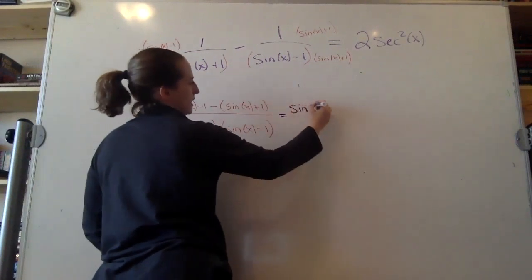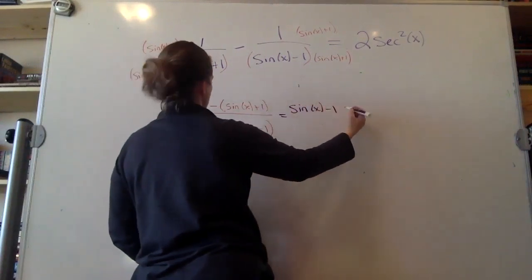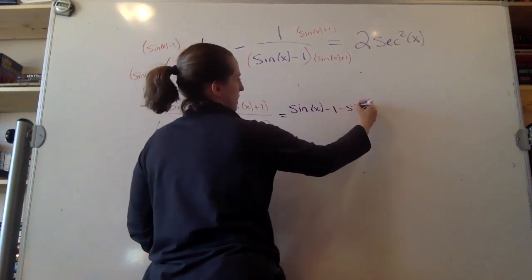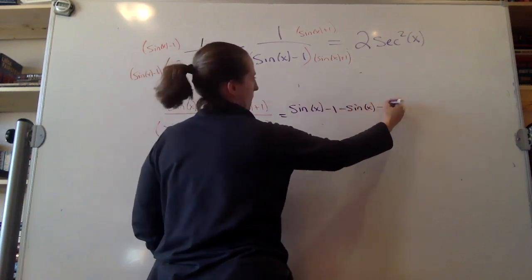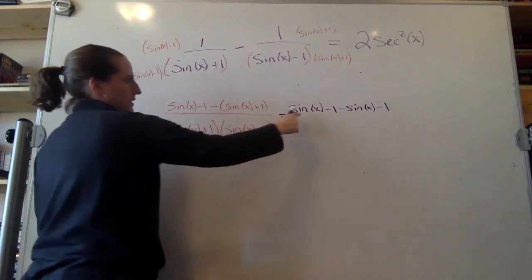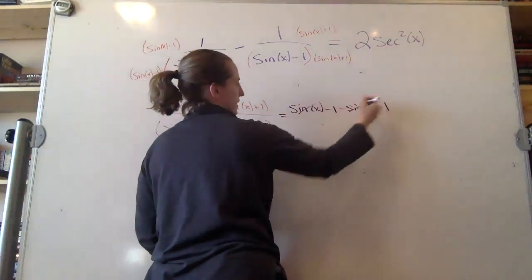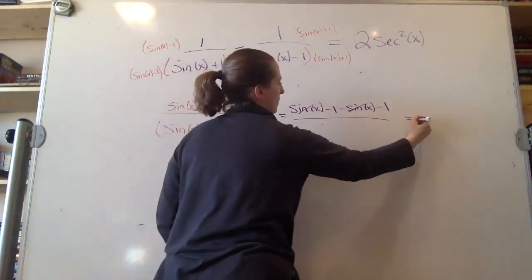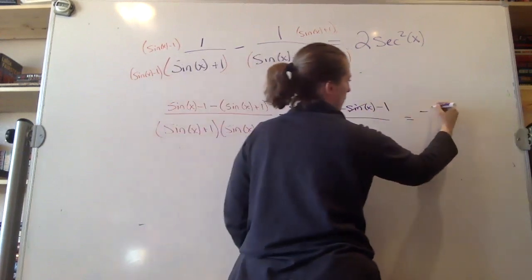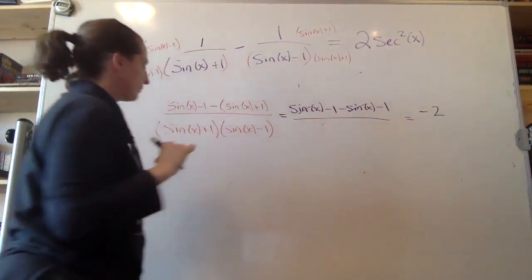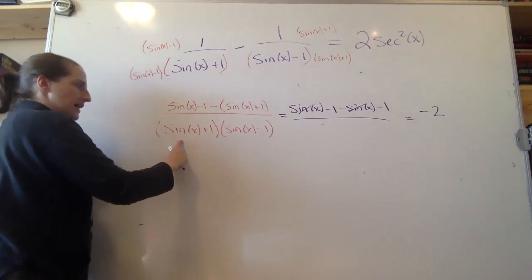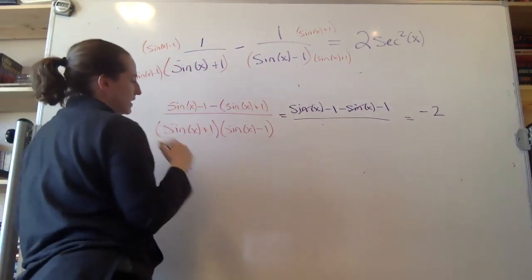So I'll have sine of x minus 1 minus sine of x minus 1. Sine of x minus sine of x, that's going to cancel, leaving me with -1 and -1, or -2 on top. On the bottom, we have sine of x plus 1 times sine of x minus 1.